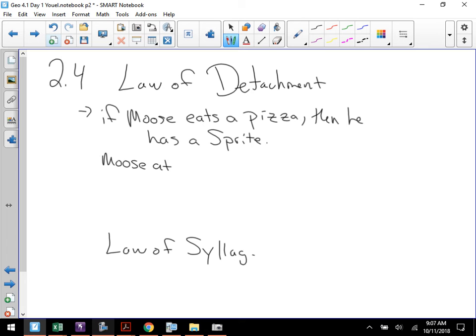Moose ate a pizza. Is there a valid conclusion you can get from this? Moose had a Sprite. The idea of the law of detachment was you had an if-then statement to start with. After that conditional, if the second sentence tells you the if part was true, the next sentence you write is the then part. So the final answer would be Moose had a Sprite.